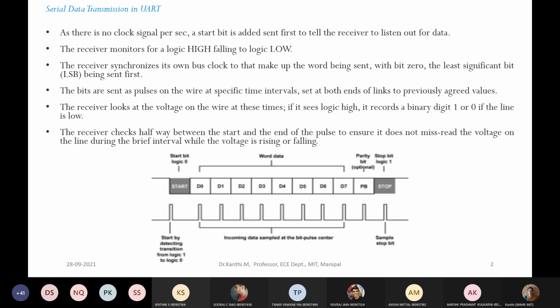There is no separate clock signal. There is a logic high falling to logic low, and the receiver can monitor a signal called the high-to-low start.